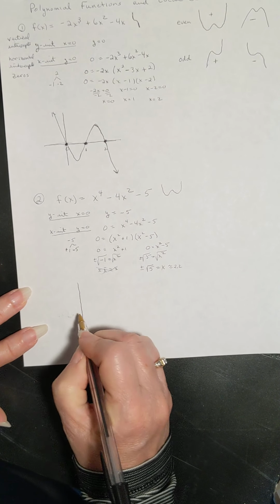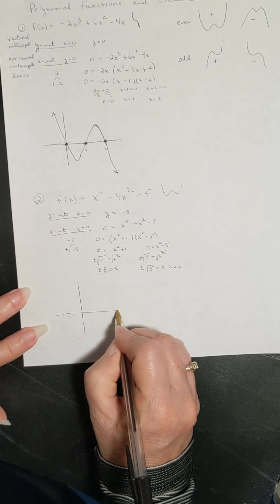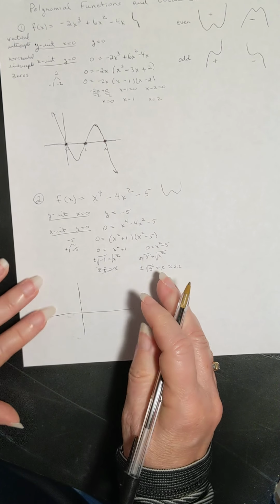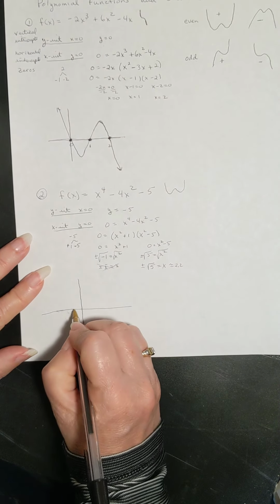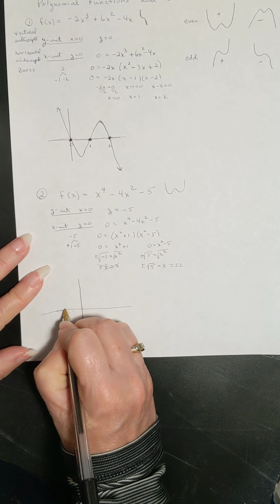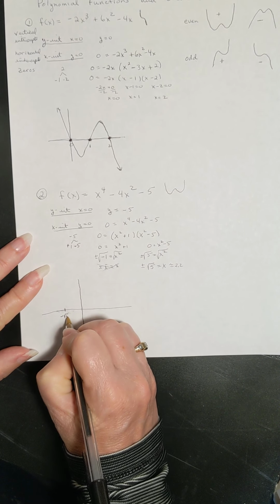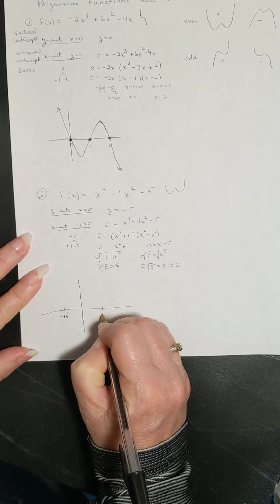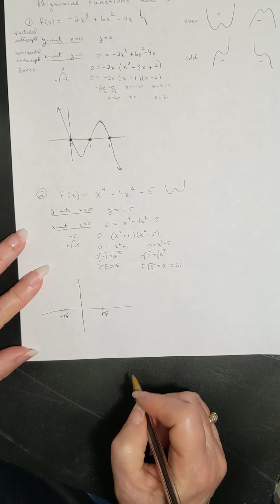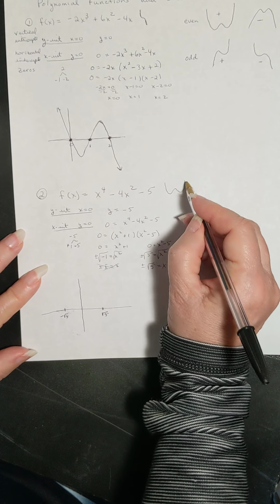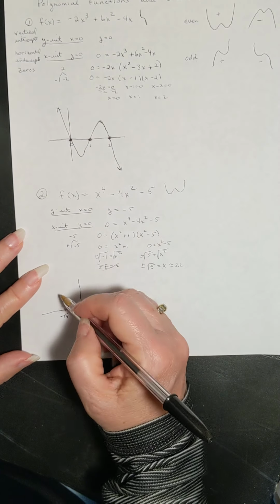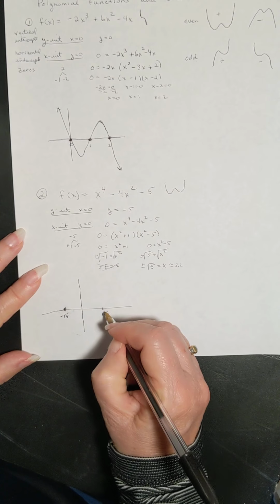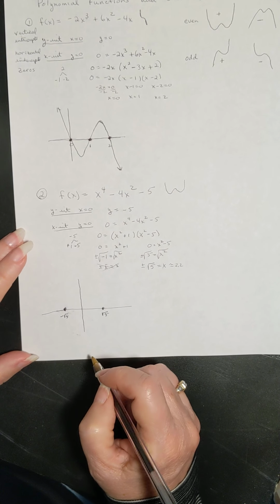So on this one, I only have two x-intercepts, negative square root of 5 and positive square root of 5. All right. Now, I said that this one was going to look like a W, but notice it only has two x-intercepts.